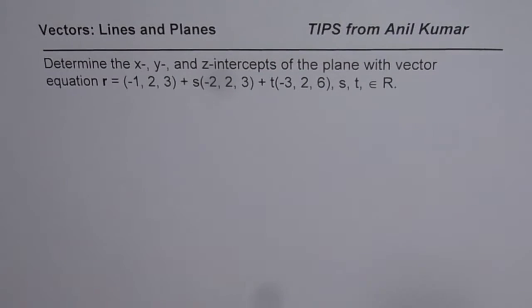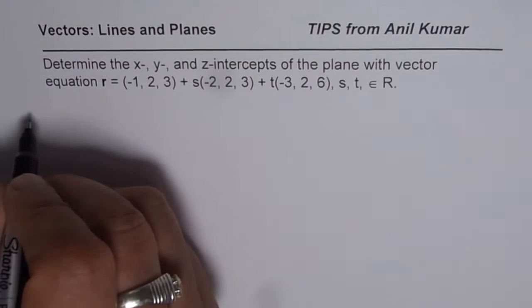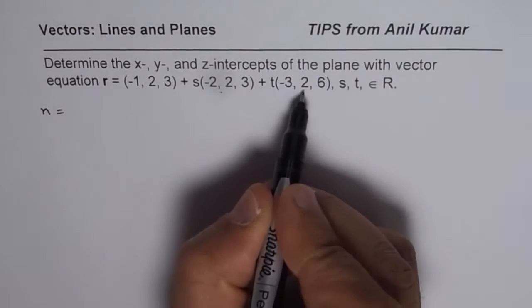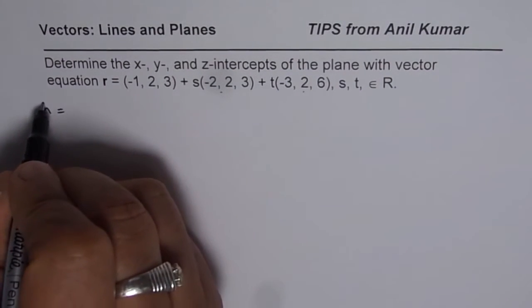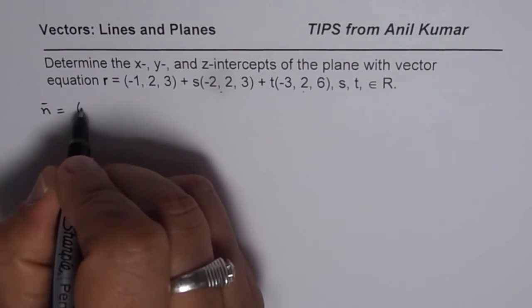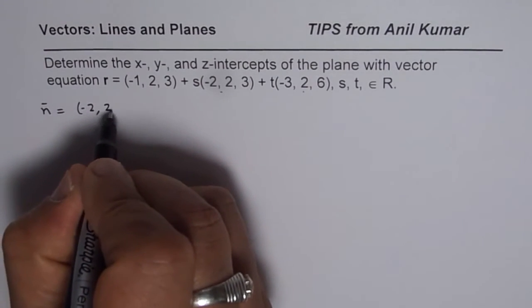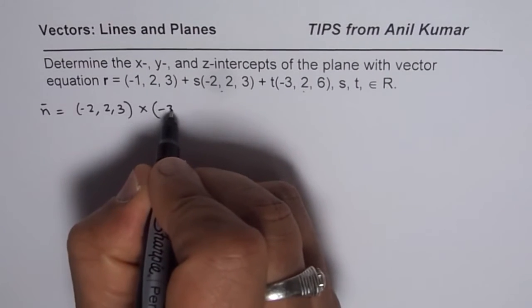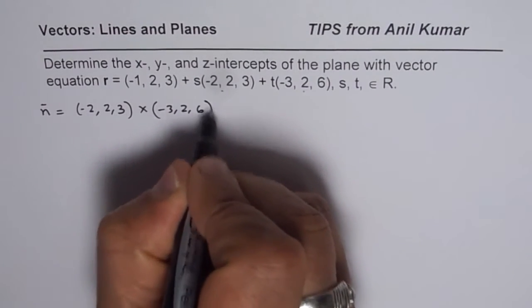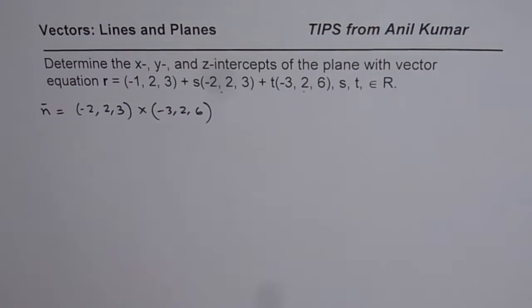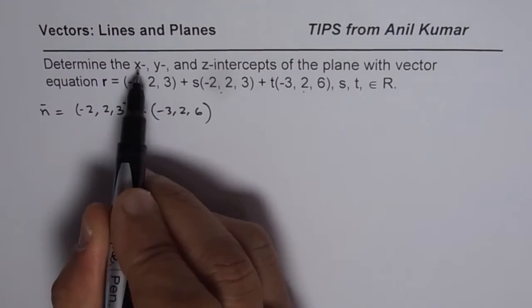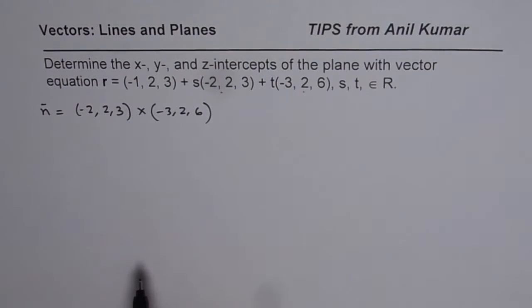To do that, we can find the normal, which should be the cross product of these two directions. So the normal vector for us will be (-2, 2, 3) cross product with (-3, 2, 6). Then we get the normal. We can use the given point and find the equation in Cartesian form, and from there we'll find the x, y, z intercepts.